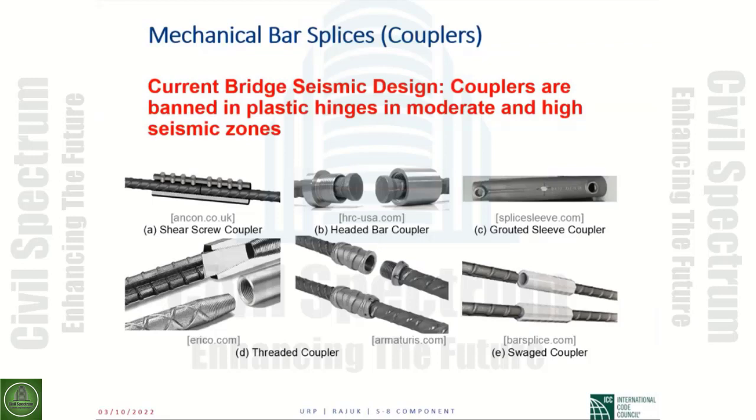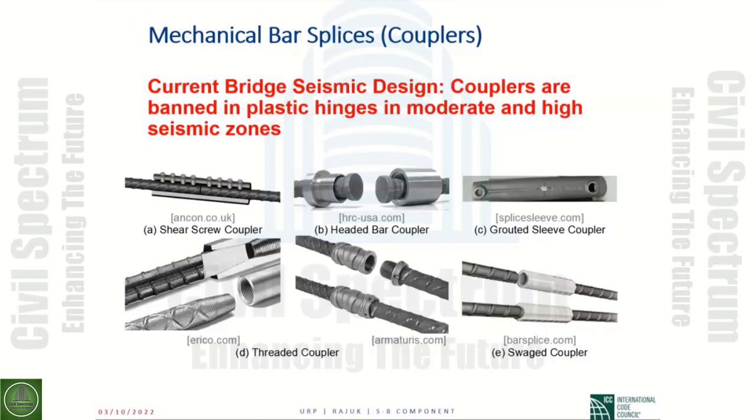They have been used for non-seismic applications for a long time to different extents. The one on the upper left is a shear screw coupler. Then we have headed bar couplers. The grouted sleeve coupler is another common, popular type of coupler. There are threaded coupler types. There's a variety among them.